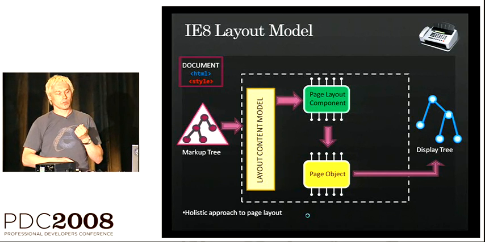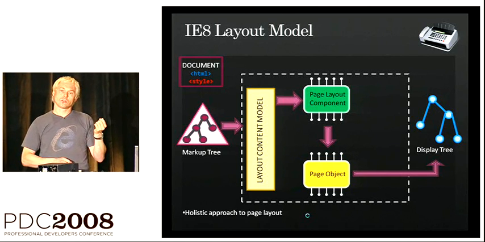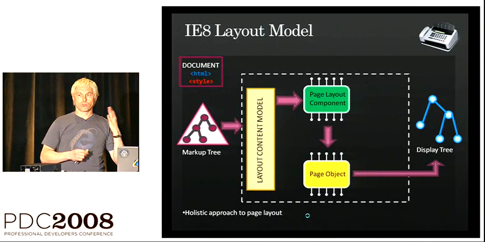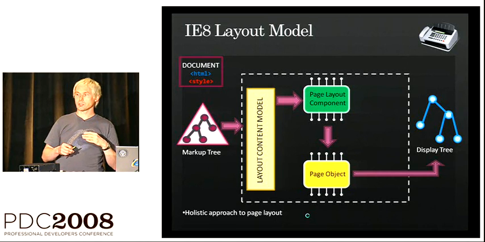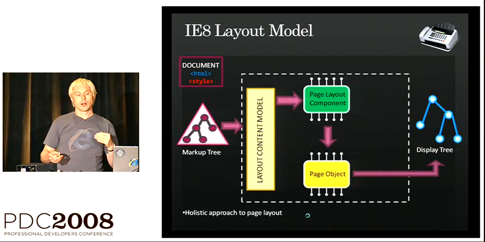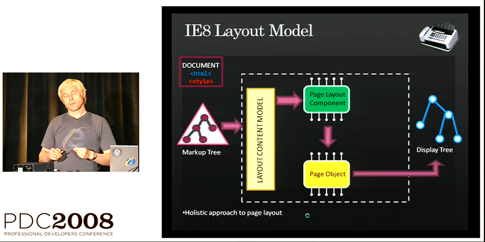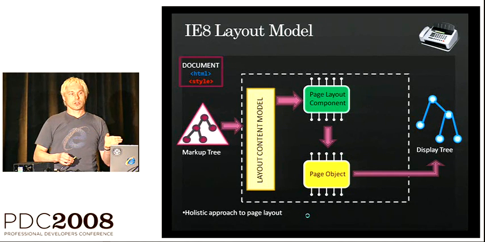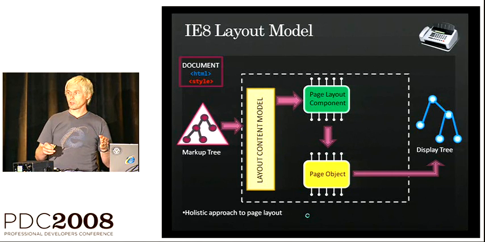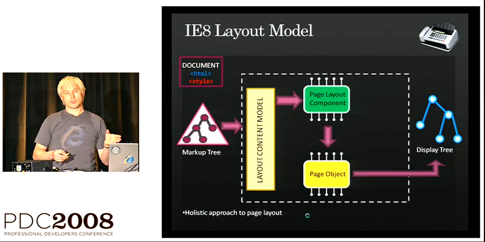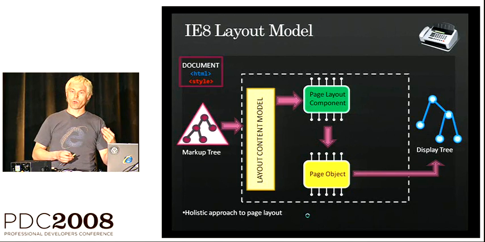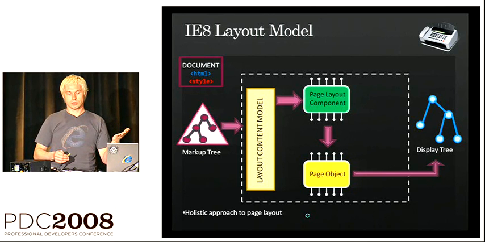We make a single request to a page layout component to format the document, and it creates a page object that represents the whole page. And from that, we build a display tree. Now it is totally irrelevant what kind of one-to-many relationships there were between elements and display objects. It all gets represented in a single page.